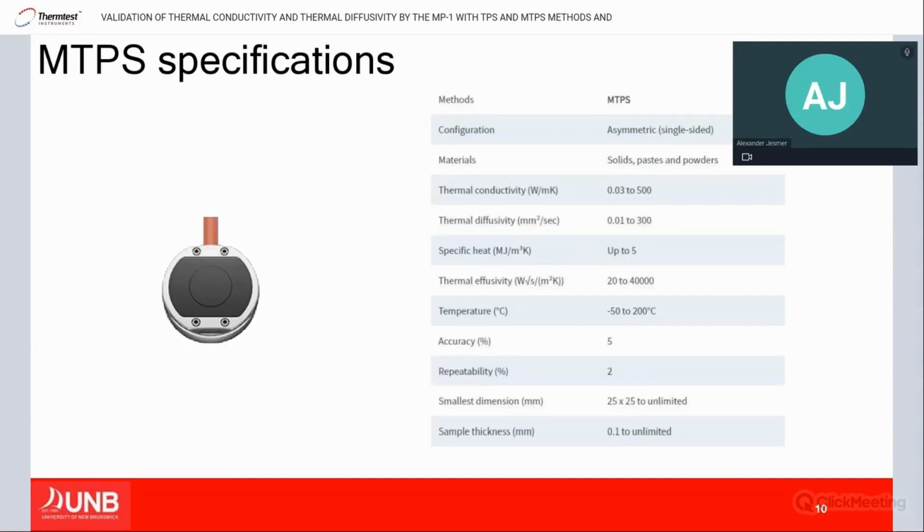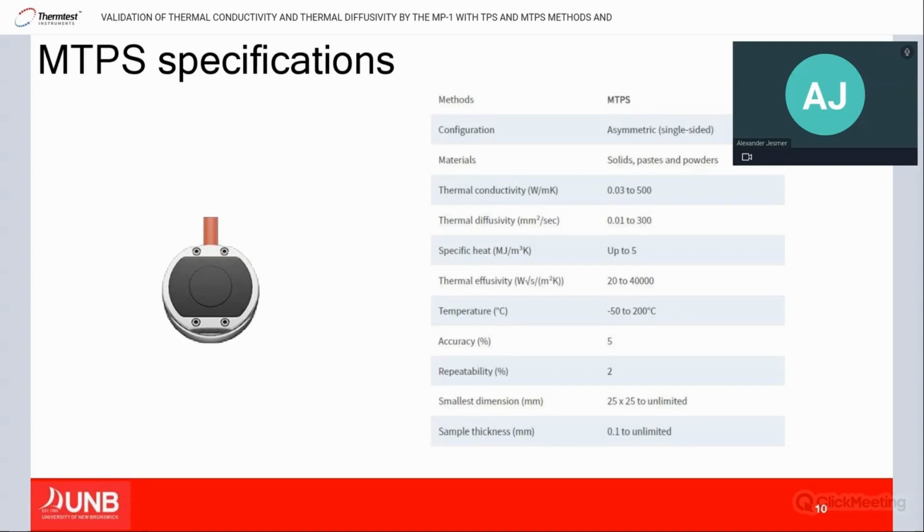And then finally, just before we get into the actual thermal measurement data that we got, just to give some context of where these numbers lie within the capabilities of transient plane source methods. The general thermal conductivity that you can measure is anywhere between 0.03 and 500 watts per meter Kelvin. To put that into perspective, silver or copper, which are very strong thermal conductors, are up to around 300 to 400 watts per meter Kelvin.